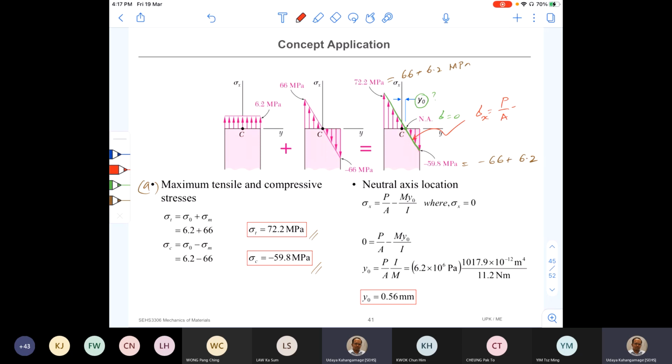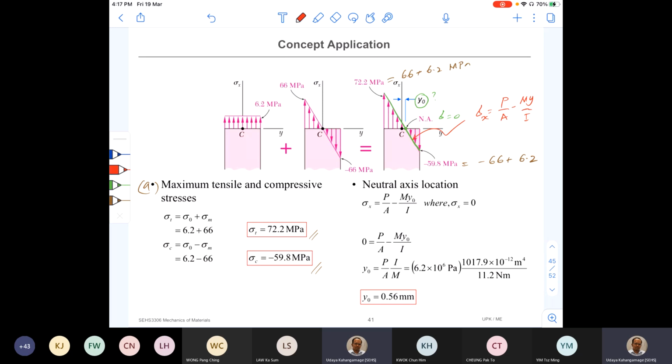So it is a negative one, right? My over I. Right. So P over A is a constant all the time, uniformly distributed. The only variable in this equation is y. So as the y value varies from 0 to the maximum value, sigma x varies.